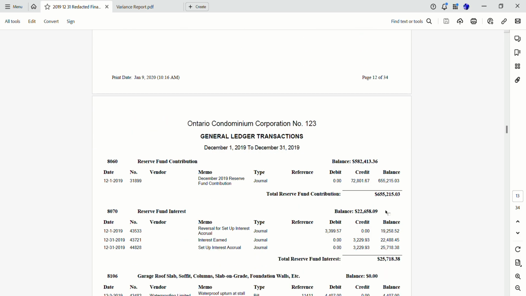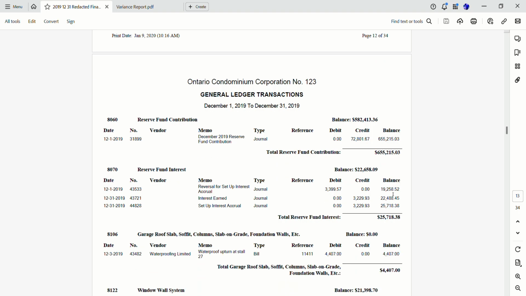And here is the general ledger transaction. We can see all the accounts and their transactions with the details, either debit or credit, and also the balance to the end of this period, which is December 31st, 2019.